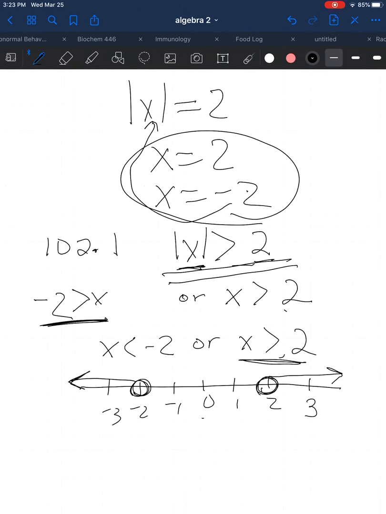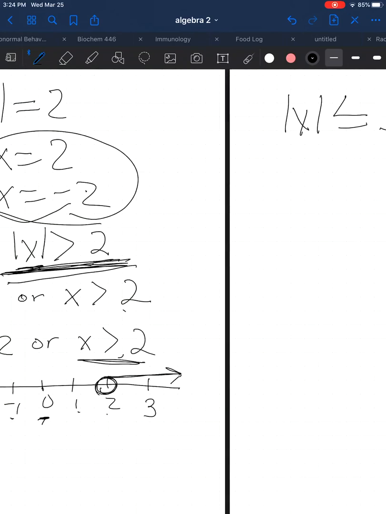So here's 0. The distance from 0 has to be more than 2. So we go out 2 units and everything greater than that. On the other side, we go out 2 units right here and everything that's farther than 2 units from 0. So there's the answer to that one. Anytime that you have an absolute value of x greater than a number, you'll have to use this technique to solve it.